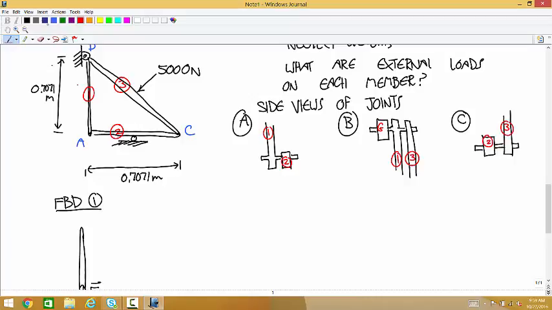So which one is the pin associated with? 2. And so when you isolate member 2, what bodies is it touching at that joint? Just 3. And when you isolate 3, what bodies is it touching? Just 2. Yep, exactly.